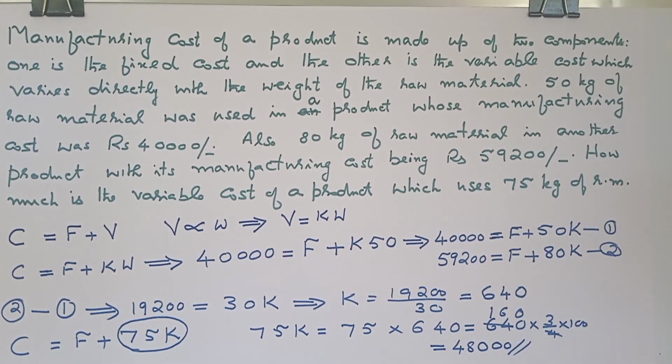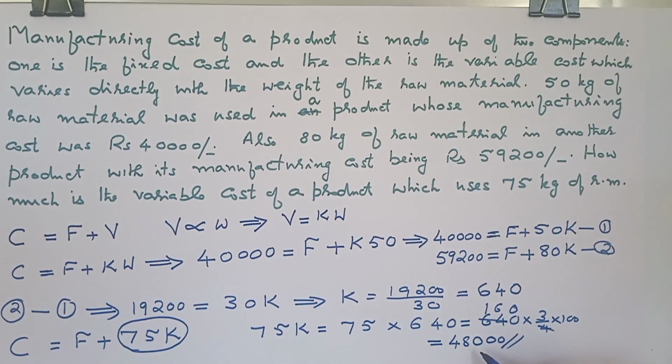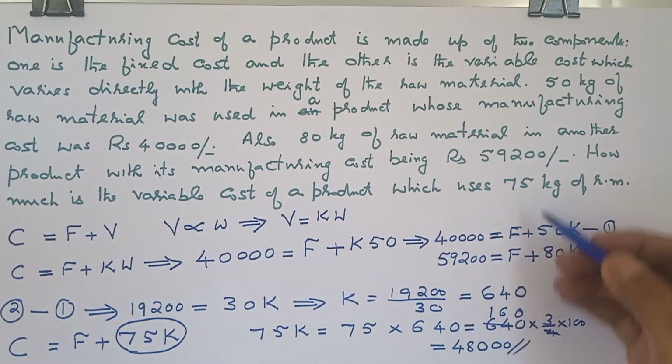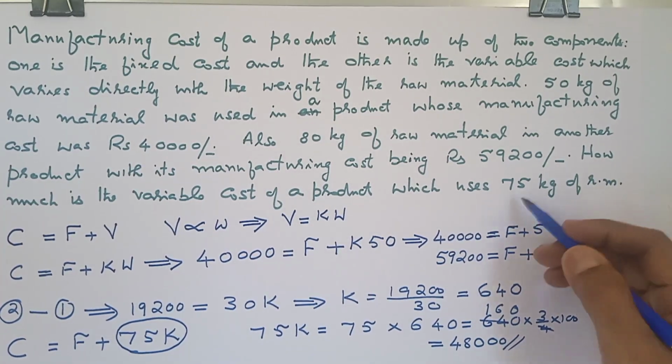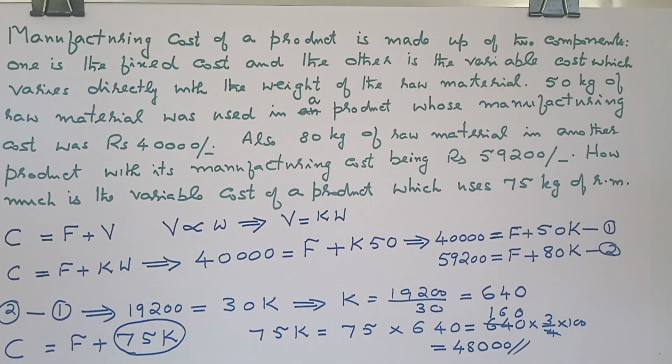So 48,000 is the final answer to the question. Rather, this much is the variable cost of a product which uses 75 kilograms of raw material.